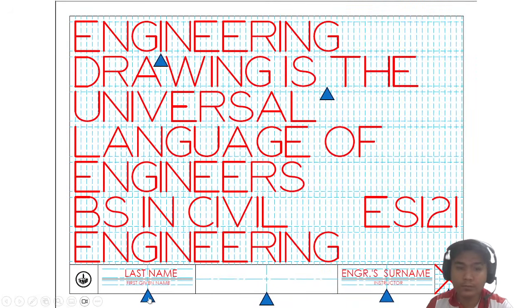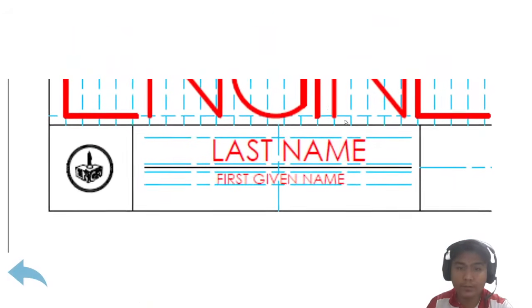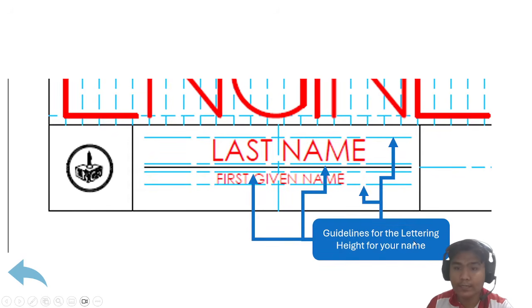So let's move on here. In this part, we have your guidelines for the lettering height for your name. I forgot to include the center line here, so we have the center line here, indicating that this is the center of this space.